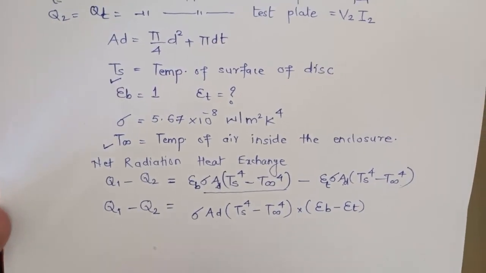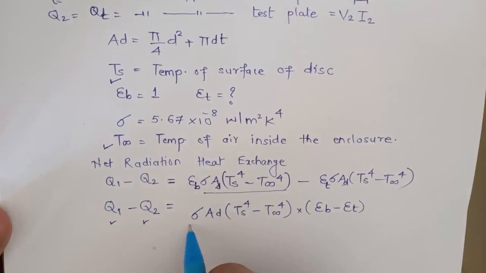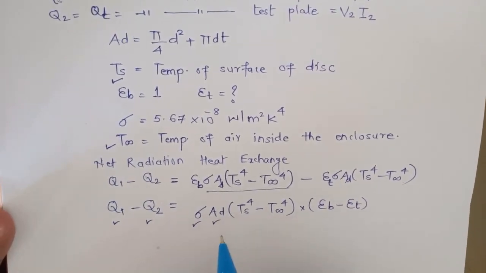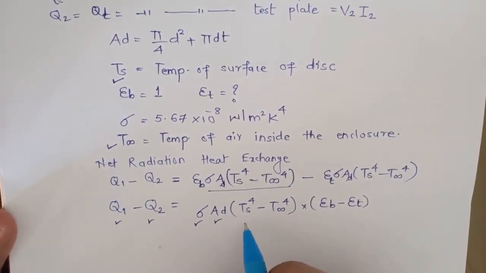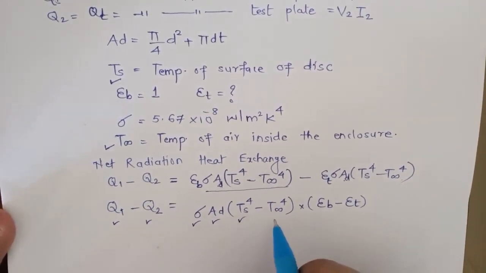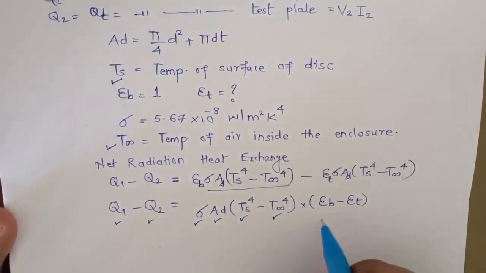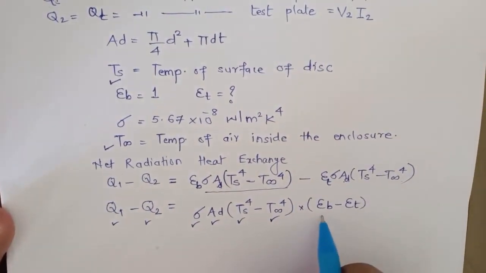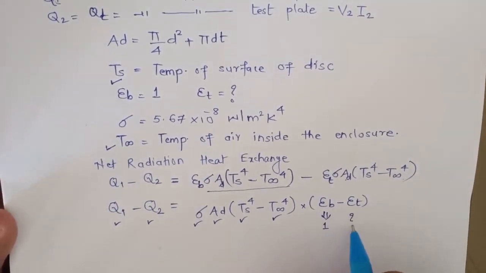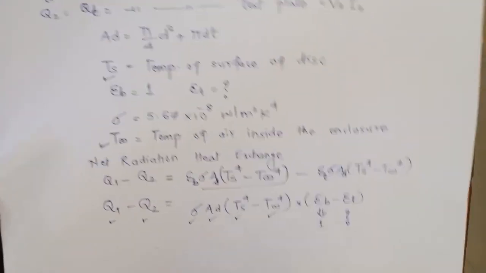So remember, in this case Q1 is known to us, Q2 is known to us, sigma is with us, and the area of the disk is known to us because parameters and specifications are given. Afterwards, Ts, yes, we have recorded; T infinity, yes, we have recorded. And then this epsilon B is equal to 1 because it is a black surface. So the only unknown parameter in this entire equation is the emissivity of the test disk.